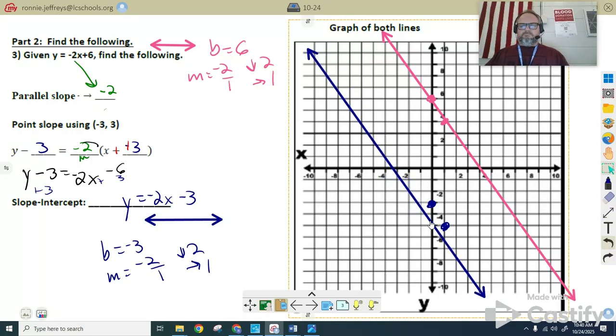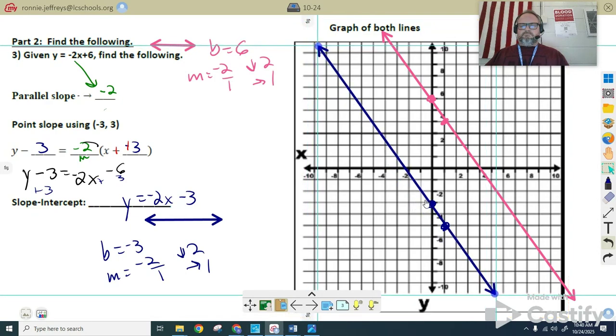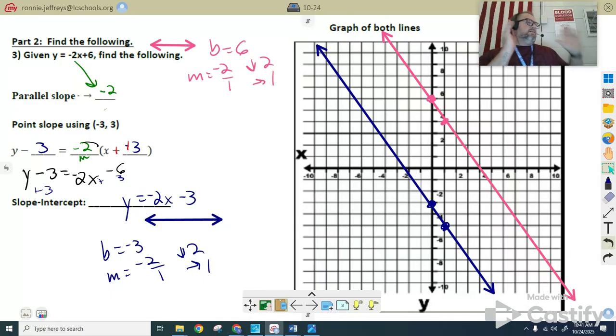Got it. All right. See, they're parallel. They'll keep going.